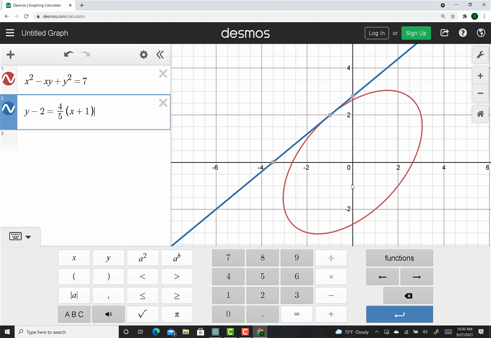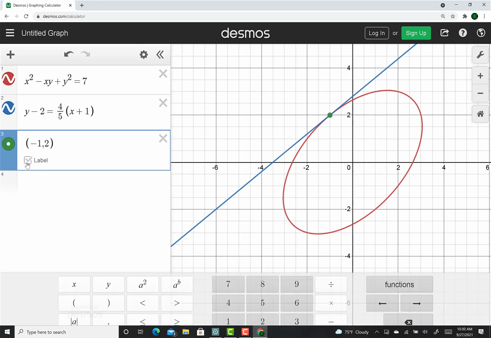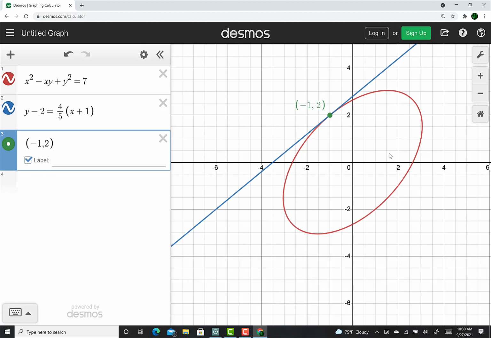Beautiful. Look at that. At the point, what was my point again? Negative 1, 2. Negative 1, comma 2. Beautiful. Look at that. It's beautiful, guys. I think it looks awesome.